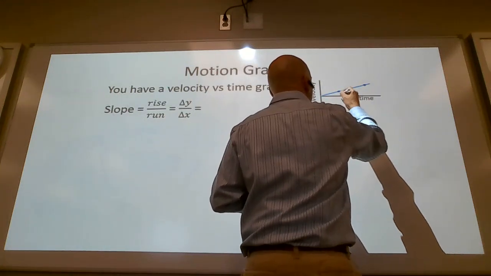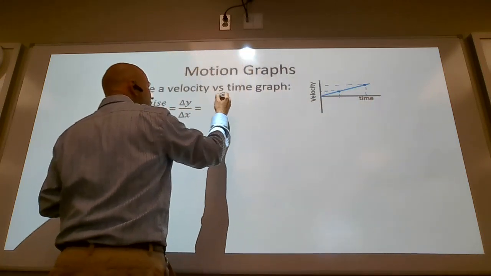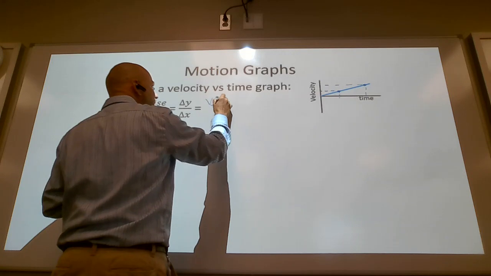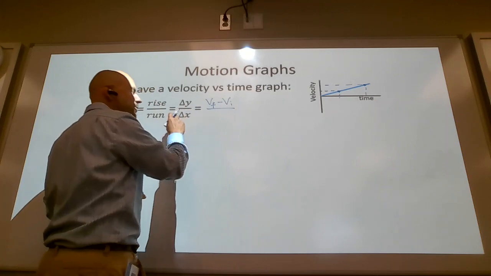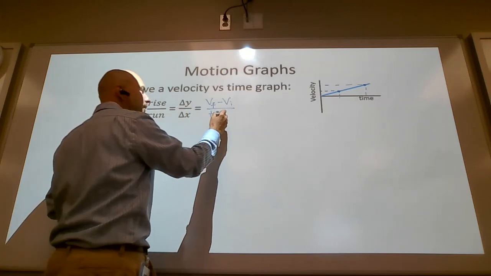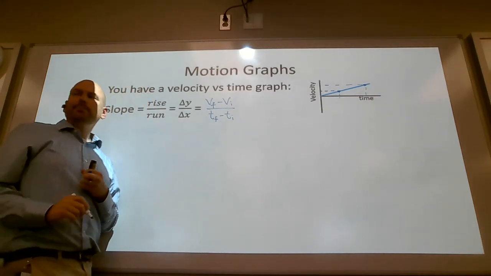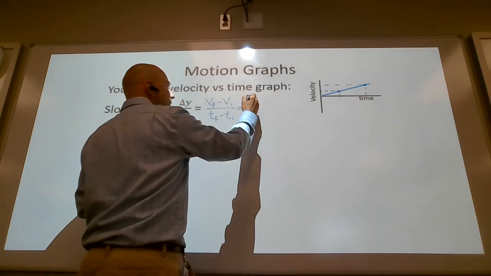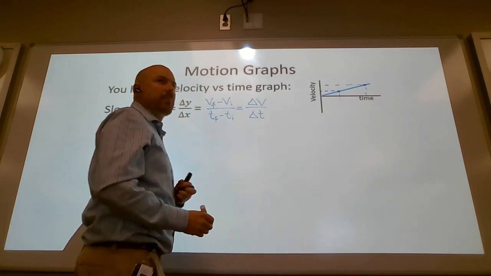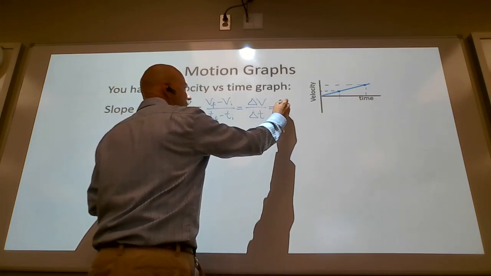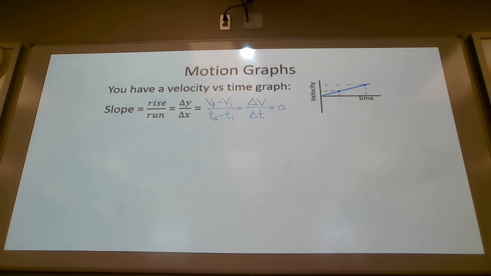If I'm picking 2 points, y2 minus y1 would be final velocity minus initial velocity. x2 minus x1 would be final clock reading minus initial clock reading. So you have change in velocity over time interval, and that, my friends, is equal to acceleration.